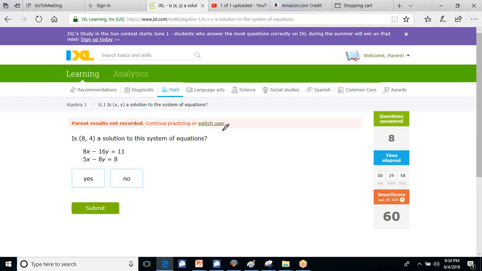So we know that 8x minus 16y is equal to 11. So we're going to solve for x. If we're going to solve for x, we're going to keep x on the left hand side and carry y to the right hand side. So we're going to get 8x is equal to 11.